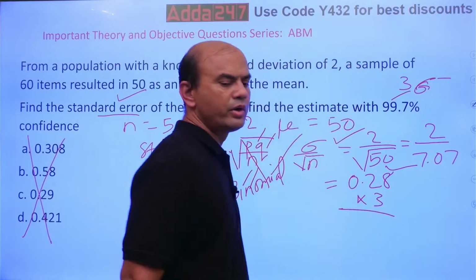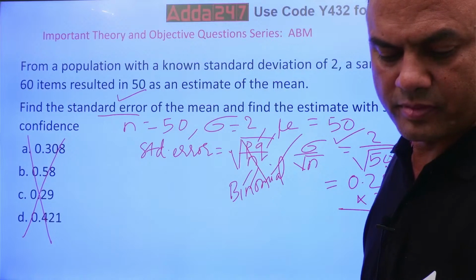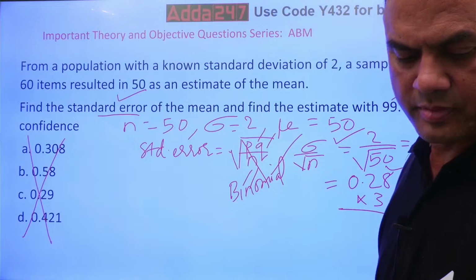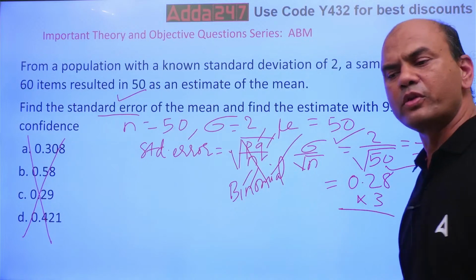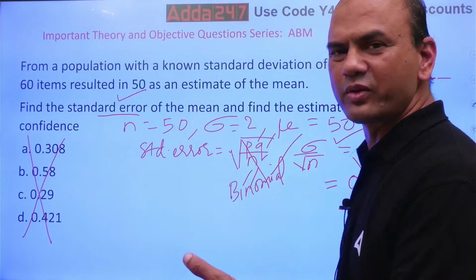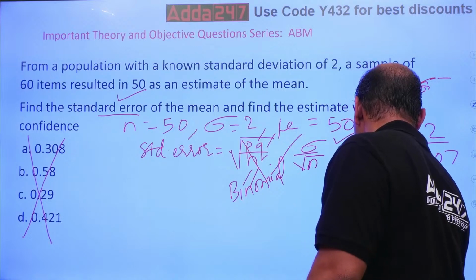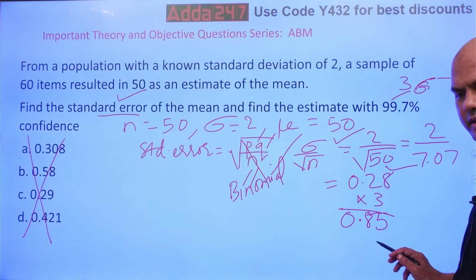What are you getting? 0.84 or 0.85 you can take it. 0.85 you are getting.